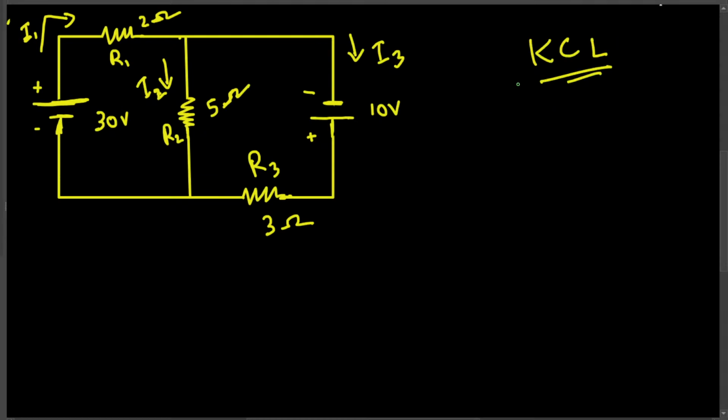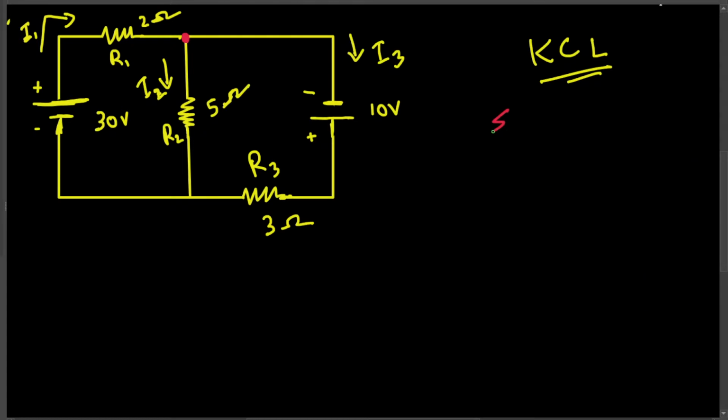KCL says that whatever the currents entering the node is equal to exiting the node, or you can say whatever the current entering and exiting, if you add them all together, that should give you 0. So if I take this node right here, I1 is entering. So let's put the equation first.